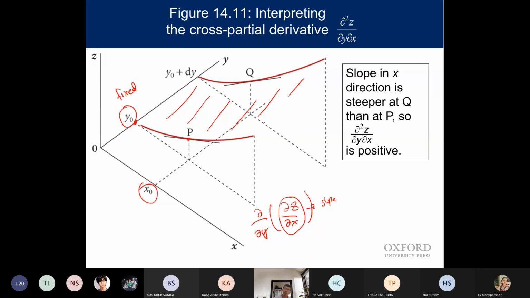You focus on the slope for each curve, and you go through this direction instead. It's like you change direction. Then you are working on the change in slope in a particular direction, right?